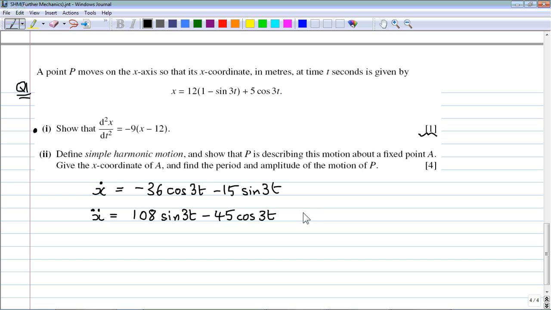Now just rewriting this in terms of 9, I will get 9 times 12 sine 3t minus 5 cos 3t, and it follows that this can be written as 9 times... which way around is it?